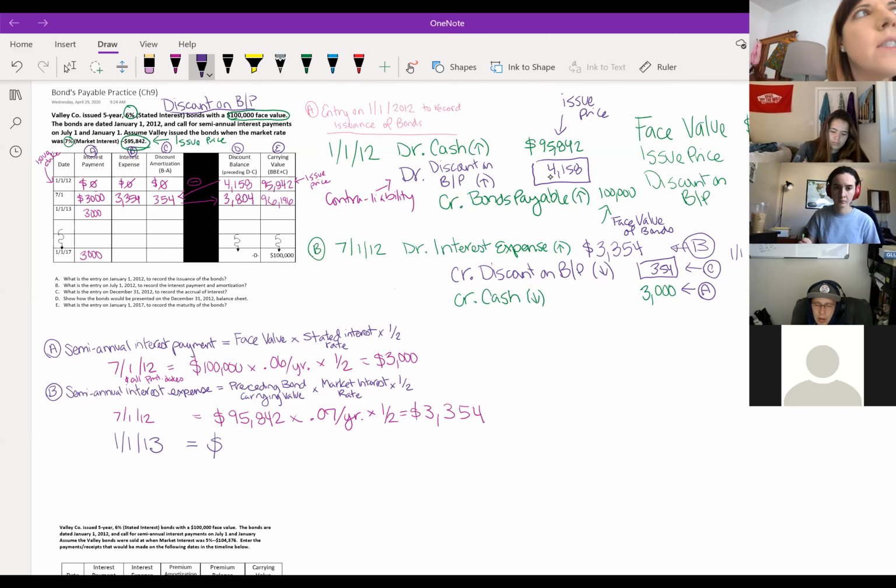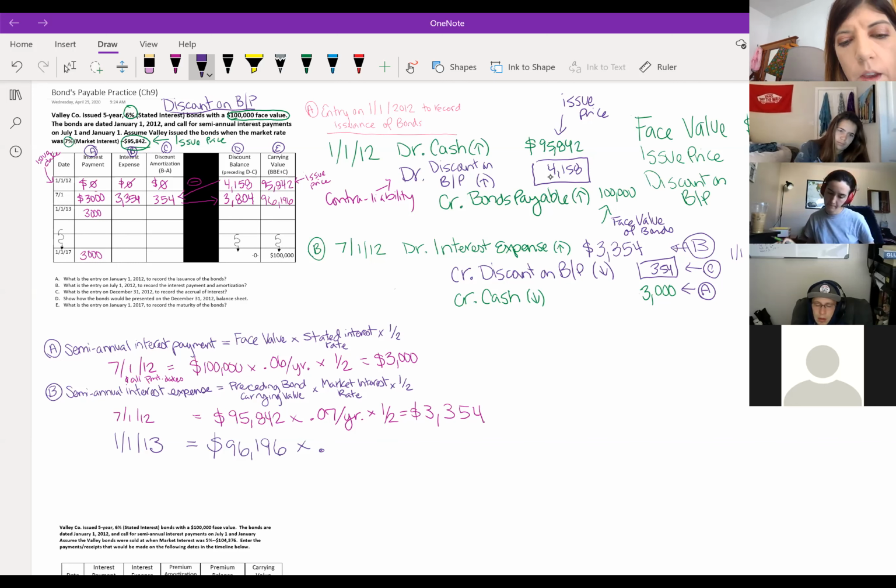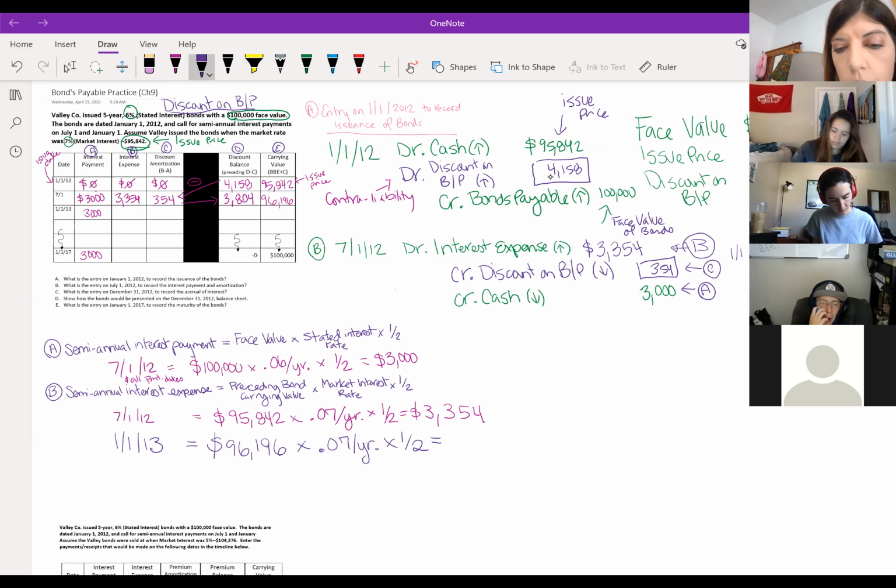And what was my preceding bond carrying value? 196. The market interest rate remains unchanged. It remains at 7% over the life of the bonds times 1/2. So how much interest expense am I going to record on July 1st, 2013?